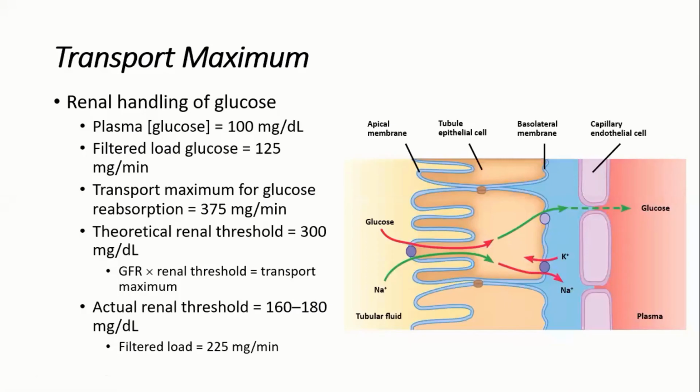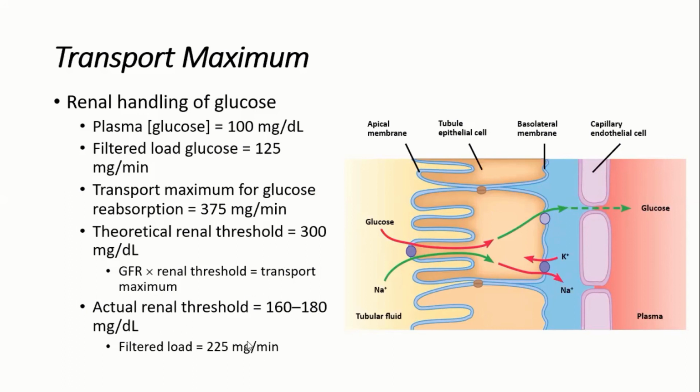Okay, there we go. So that's where these numbers are coming from, the renal handling of glucose. This is our theoretical maximum load due to this theoretical renal threshold, which is what we calculated first. If we use this theoretical renal threshold of 300 and multiply that by our glomerular filtration rate, we're going to get a maximum of 375 milligrams per minute of glucose being reabsorbed, but we don't have an actual renal threshold of 300 milligrams per deciliter because it's hard to really fully saturate those transport proteins.